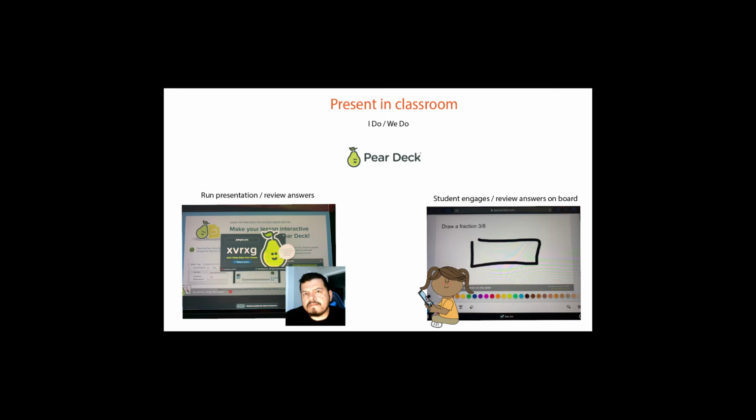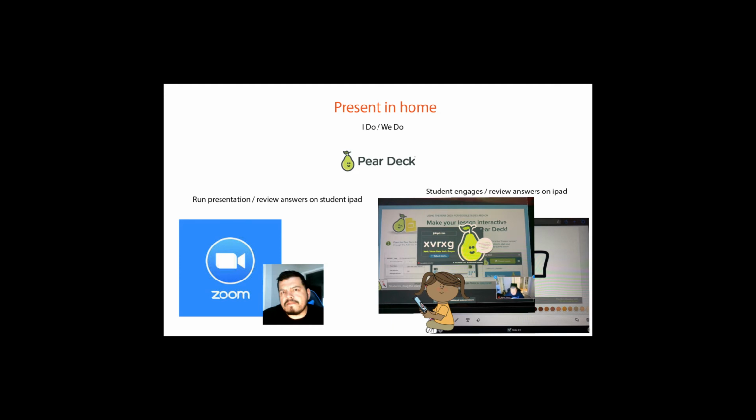Now, that's perfect because the kid is using their iPad and then looks up and then reviews the work on the board. But what I noticed last night, and some of you might already know, is that when I'm zooming, what I have is being presented on their iPad. So at home, it's a little bit different. What happens is they have two things to look at on their iPad.